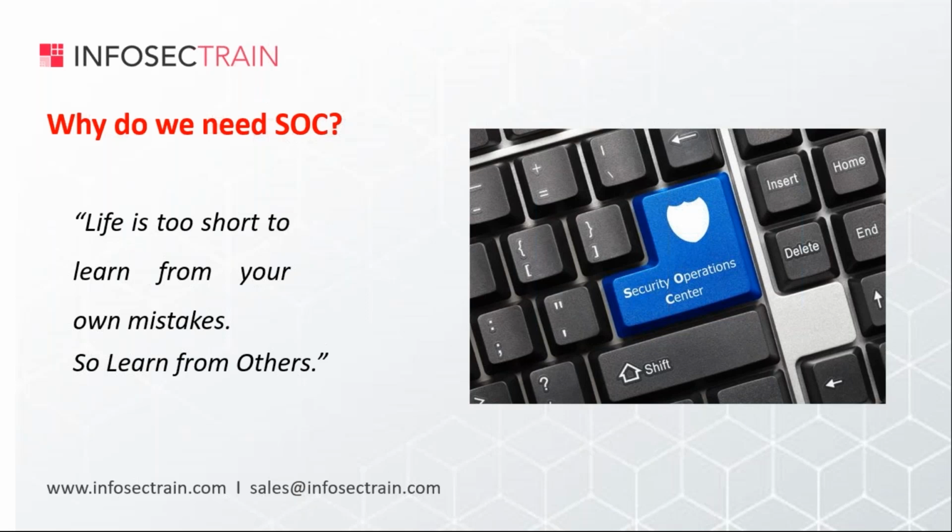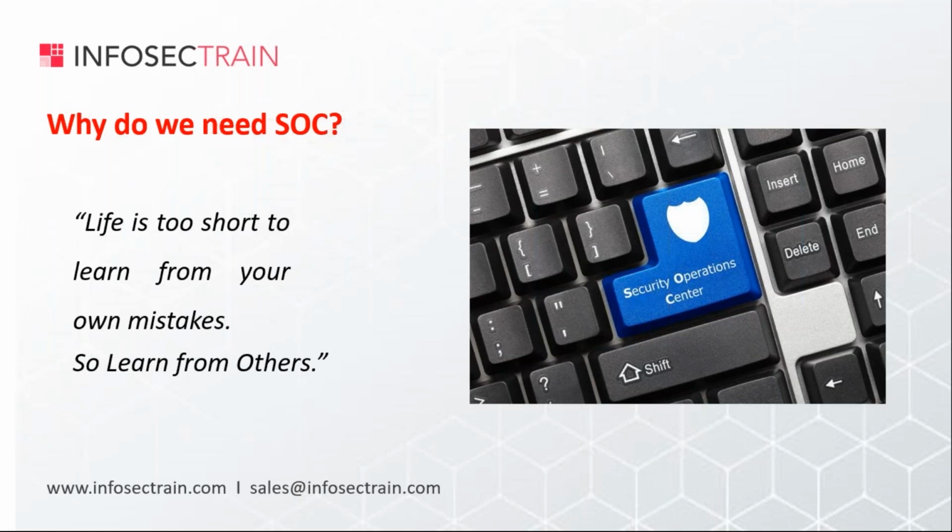We need to take things to a proactive approach, and that's where SOC comes into the picture, where the teams and the variety of tools and technologies collect, analyze, and respond to security threats in real time, as well as look at the entire data sets and do historical correlation in order to identify the patterns, the dips, and the spikes of our cybersecurity threat appearances.